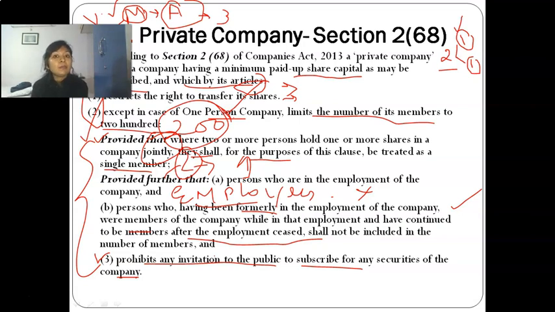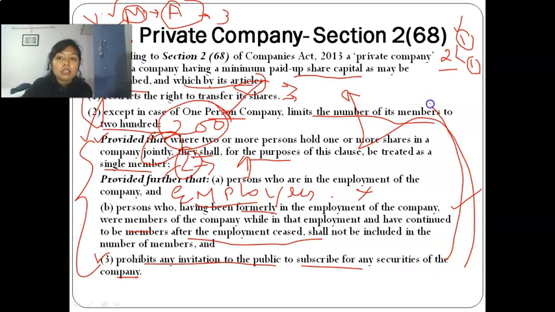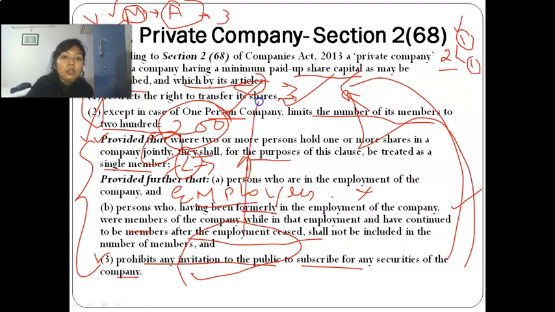To become listed, a company must first convert itself into a public company and then it can get listed. So because of this third restriction, you have this first restriction. Because you cannot give an invitation to the public, you have a restriction on transferring your shares.